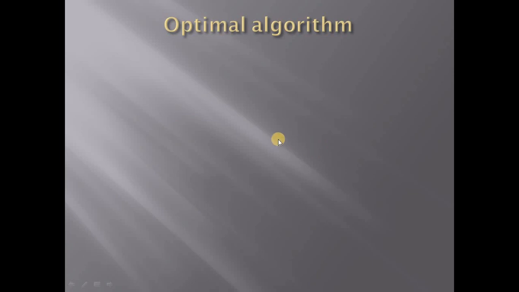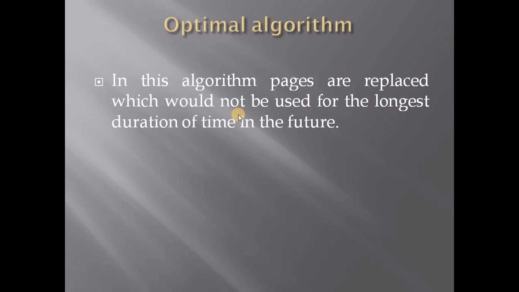Next we'll move on to the second page replacement algorithm, that is the optimal algorithm. In this algorithm, pages are replaced which would not be used for the longest period of time in the future. The practical implementation is not possible because we cannot predict in advance those pages that will not be used for the longest time in the future.